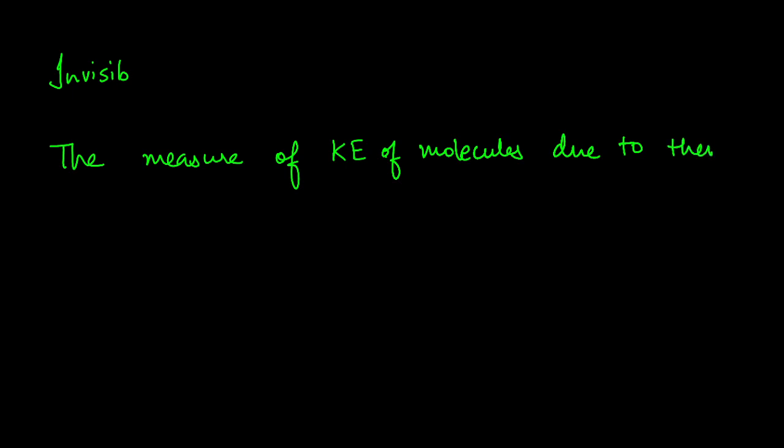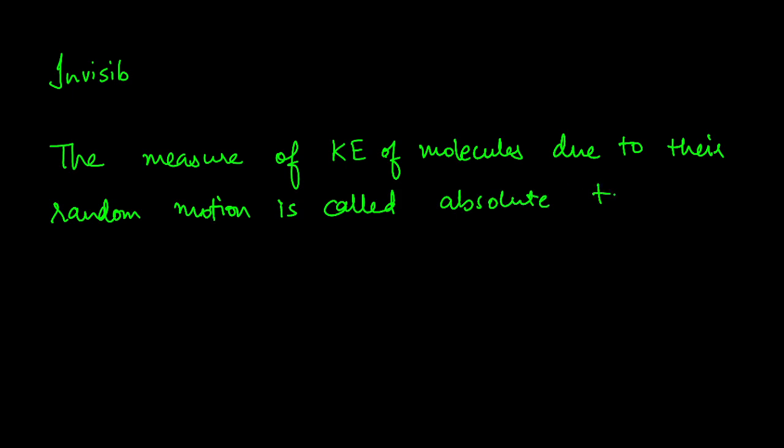So here is the definition of temperature. The measure of random motion kinetic energy. Let's not write it like that, let me write it properly. You may not have come across this in chemistry, so: the measure of kinetic energy of molecules due to their random motion is called temperature or absolute temperature.